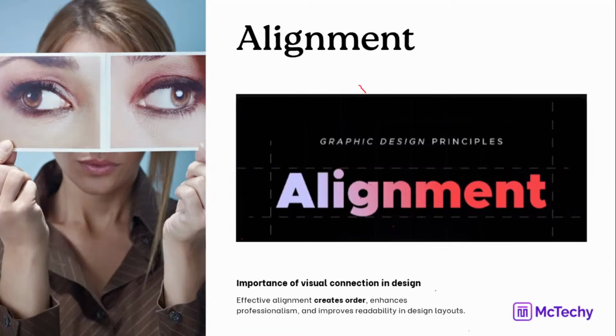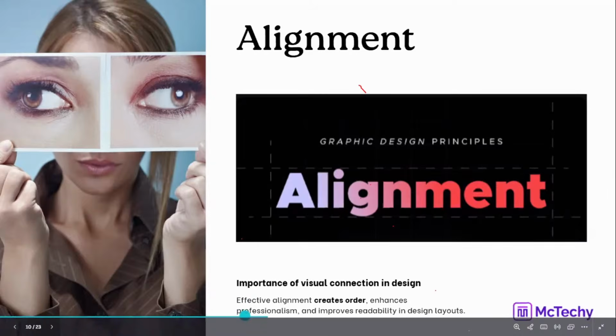To align or curate order in a design, because literally what alignment means is creating order in a design to enhance professionalism and improve readability. That is what alignment is. If you see this slide now, we have all these texts here, this image, this text, and this text aligned together.